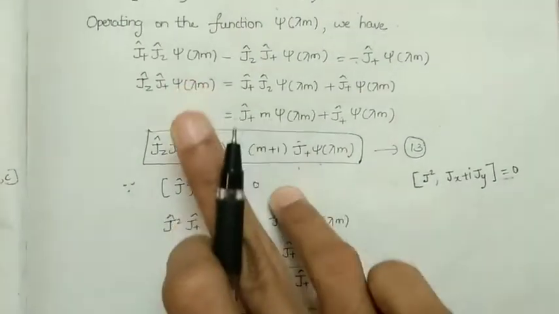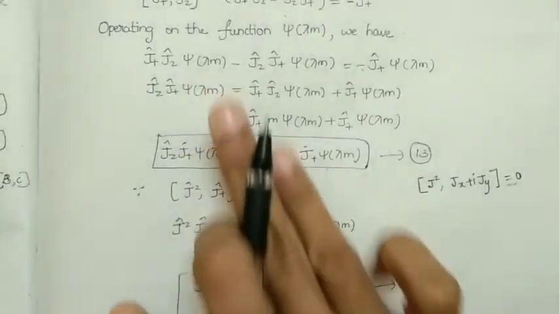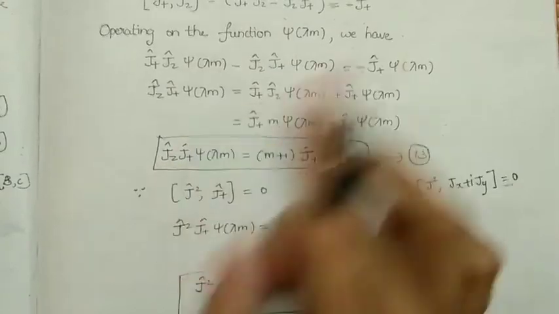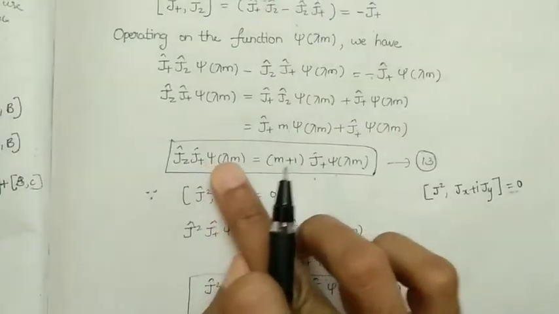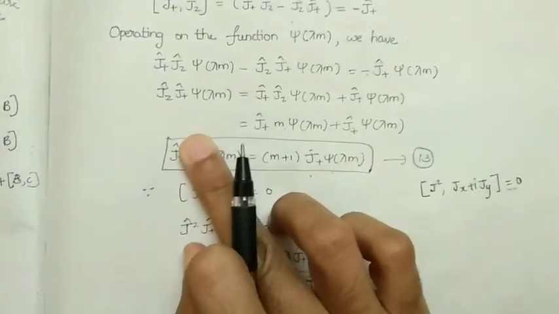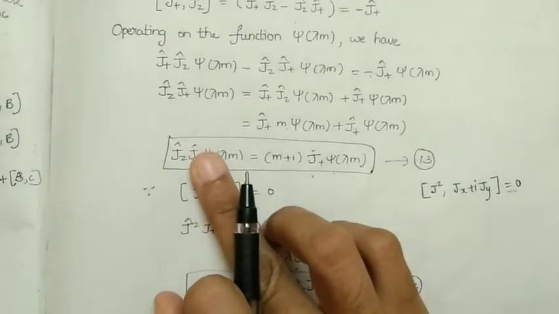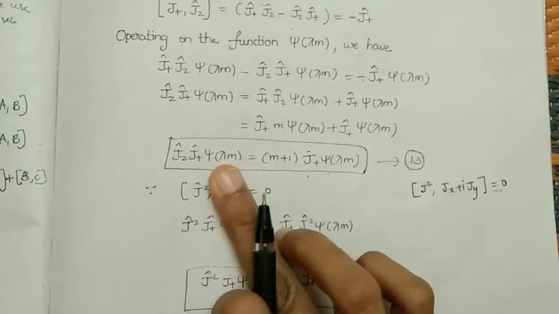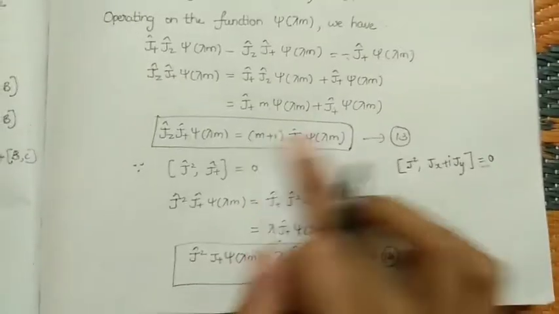So that is the meaning of this equation. If xi of lambda m is an eigenfunction of the jz operator, then j plus into xi of lambda m is also an eigenfunction of the jz operator, and its eigenvalue is m plus 1. For xi of lambda m the eigenvalue is m, here it is m plus 1.